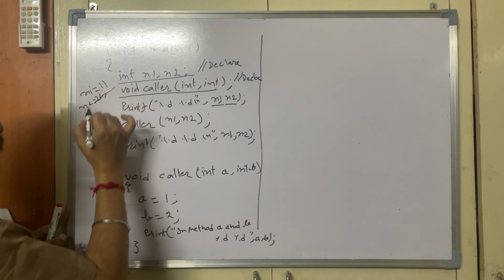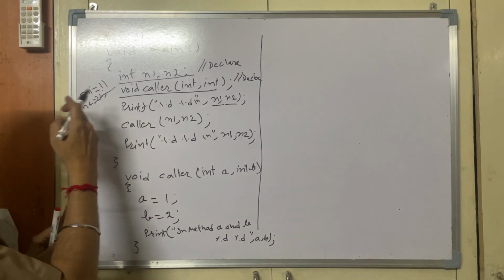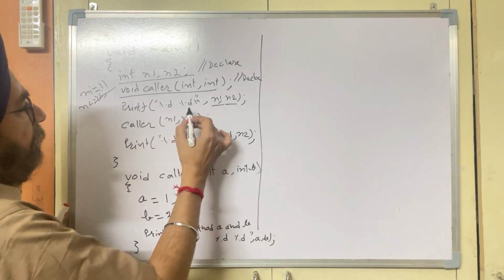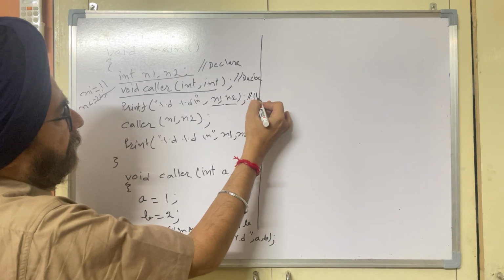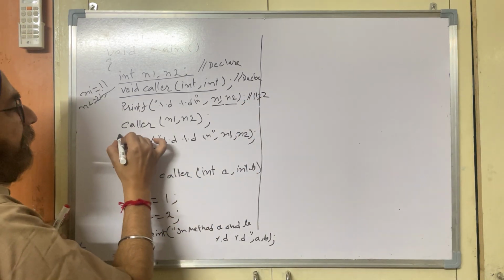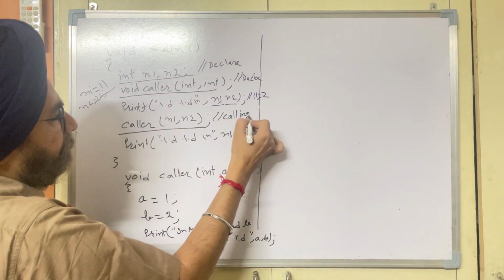I forgot to initialize the values, so you can take 11 or anything, or use the scanf function. So it will print 11 and 22. This is the calling statement.